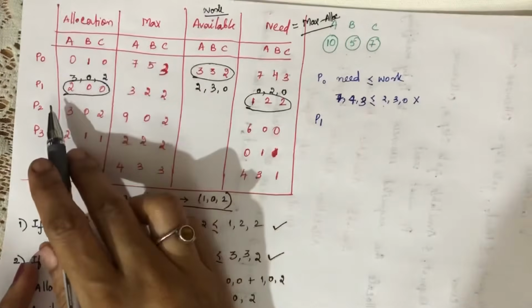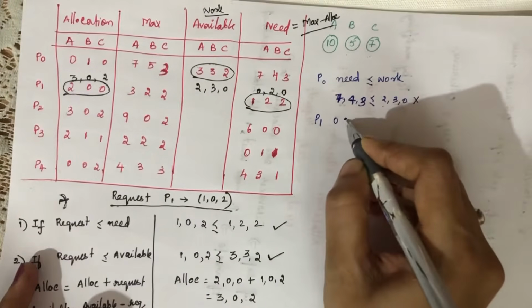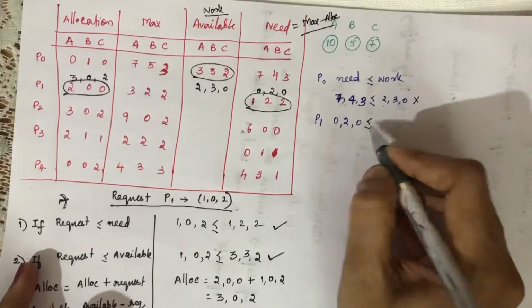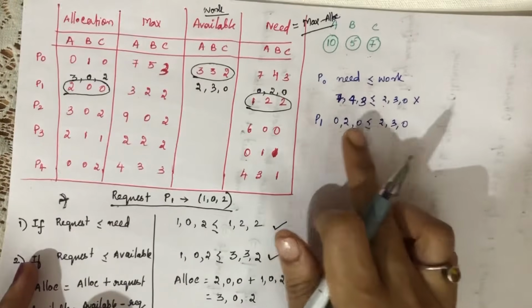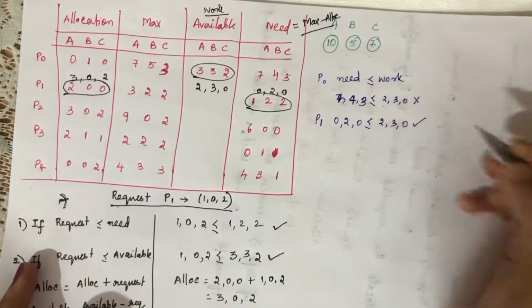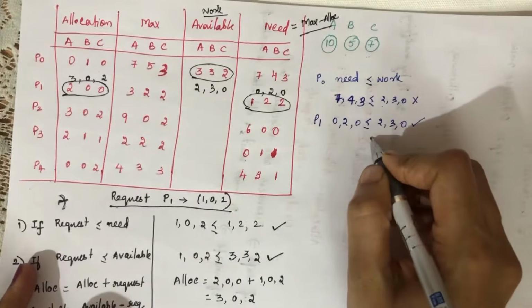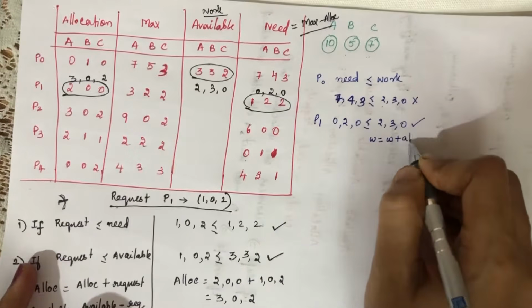For process P1, the need value is 020, which is lesser than or equal to the work value 230. So 0 is lesser than 2, 2 is lesser than 3, and 0 is lesser than or equal to 0. So it can be allocated. The new work value will be work plus allocation.